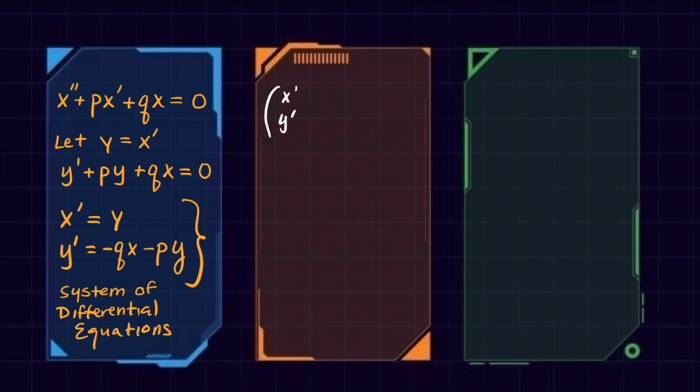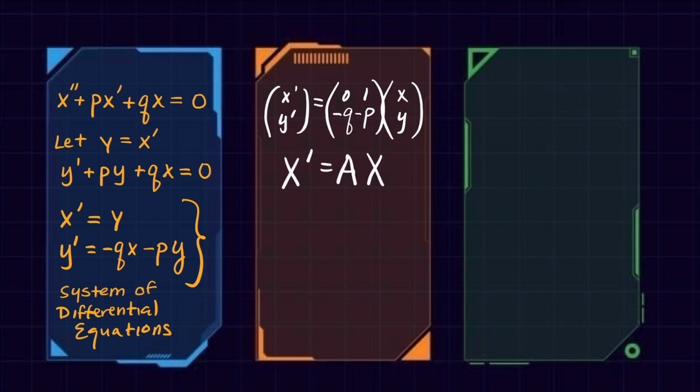Now this system of differential equations generates a matrix equation, and this matrix equation takes on a familiar form, x prime equals Ax. Only this time the matrix A has 4 components, 4 coefficients, a, b, c, and d.